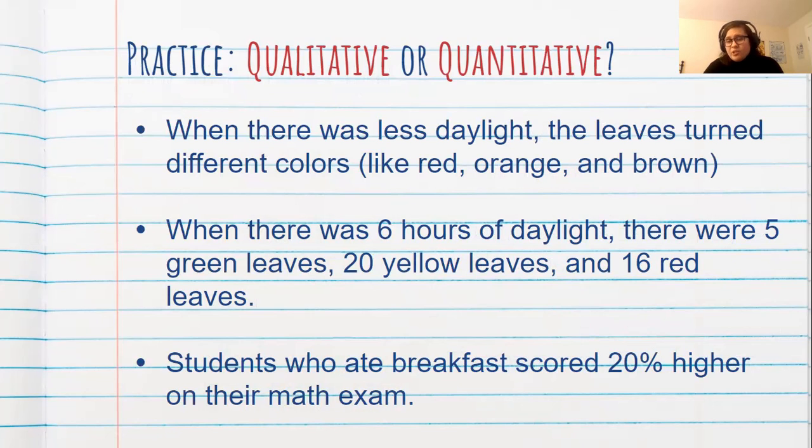So even though we're still talking about colors here, this is now quantitative because we're also dealing with numbers. And finally, if we say that students who ate breakfast scored 20% higher on their math exam, that is also quantitative data because that 20% is a number, which tells us that we must have done some calculations with numbers to get there. It is quantitative.